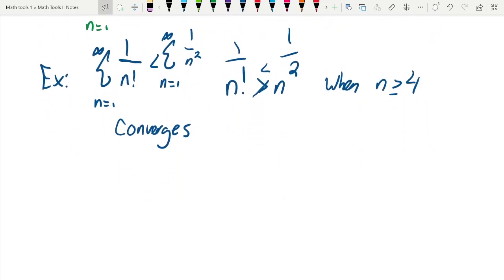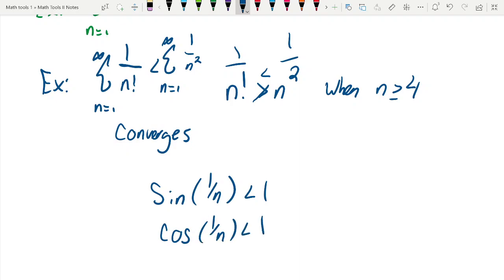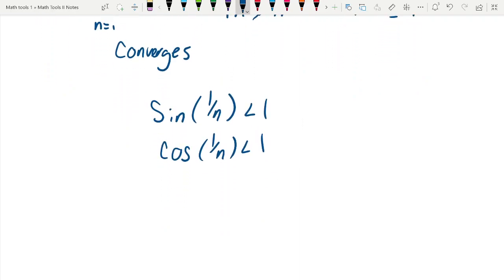So sometimes trig will come up in here. I won't say too much about that, but just keep in mind that if you have sine of anything, it doesn't matter what's in there, this is always less than 1, and same with cosine, right? Cosine and sine are bounded by 1, so it doesn't really matter what's in here. If this is n squared, natural log of n, whatever, this is always less than 1, so that can always be helpful.